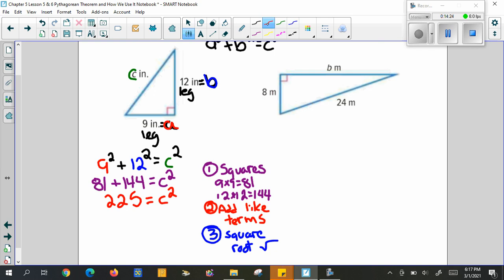So what I'm going to do is find the square root. What's nice is now C is all by itself, and I must find the square root of 225.